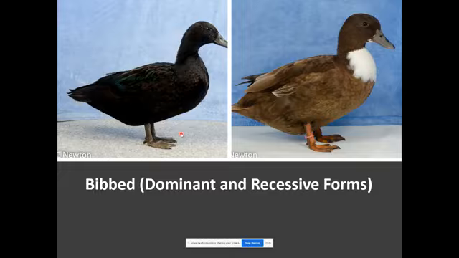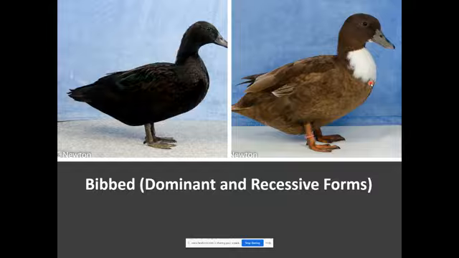But in general terms, they both act the same way in that you get the white bib here that we've seen on this call duck, but we also saw on the blue Swedish duck earlier.